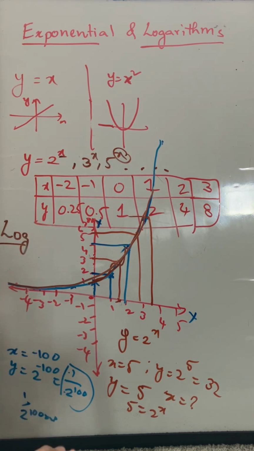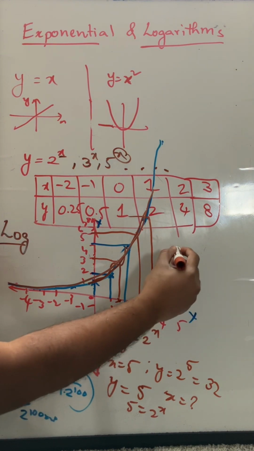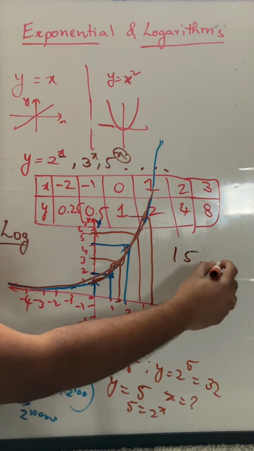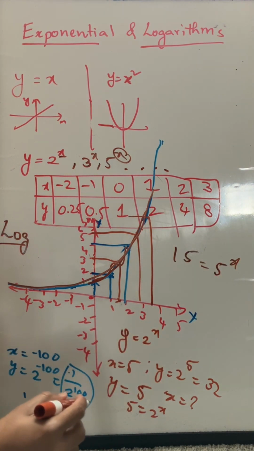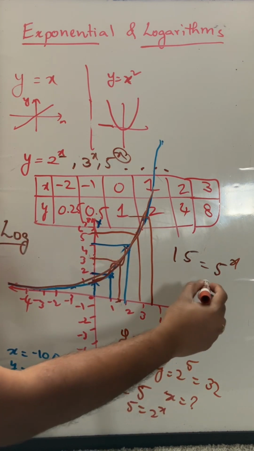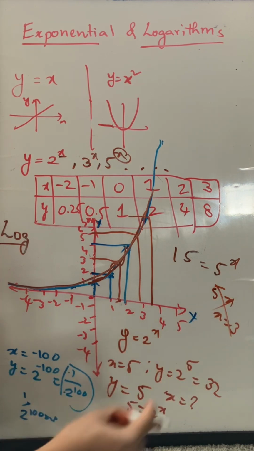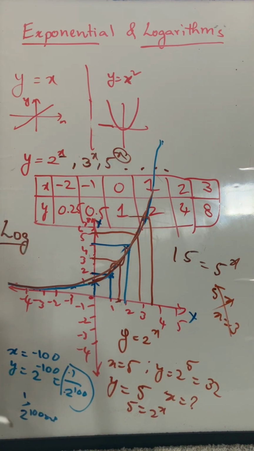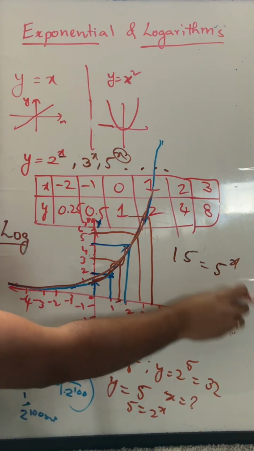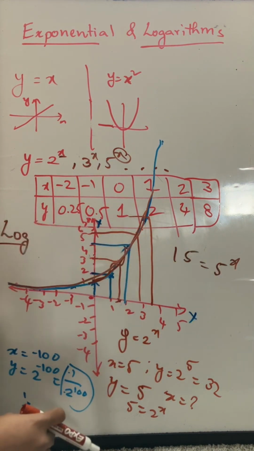For example, we will get a question like 15 equals 5 to the power of x. In some hurry, some people think it is 5x and make x equal to 3, but that is wrong. You need to think a little bit wiser. It is not 5x, it is 5 to the power of x.